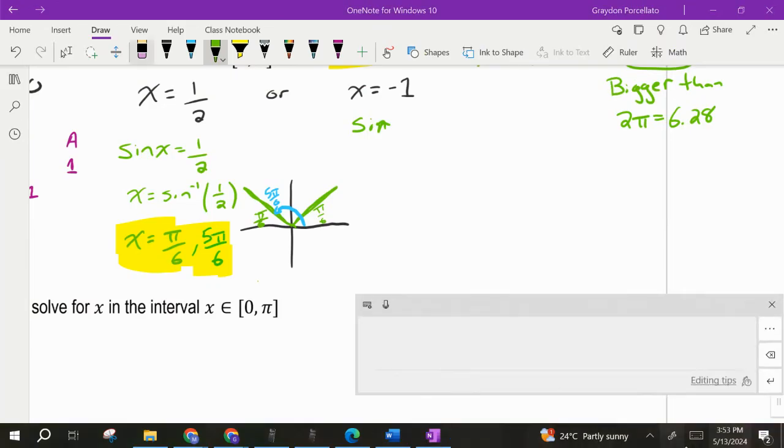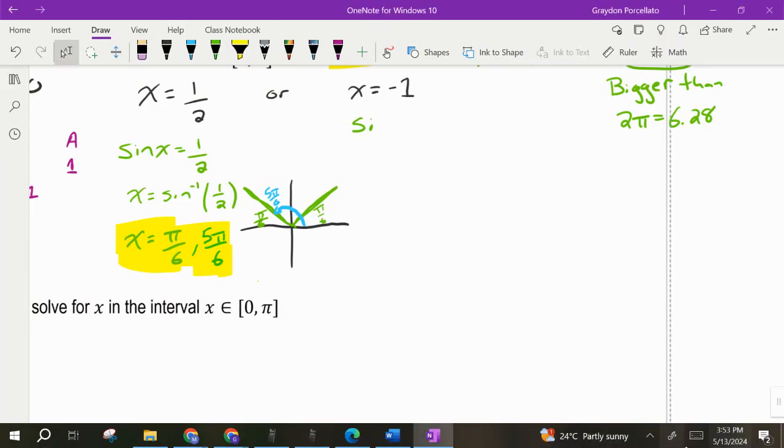When is sine x equal to -1? Well, when I'm solving these, I always just look at my graph. So my graph for sine x looks like this. When is it -1? That's this point right here, which if you know your sine, that's 3 pi over 2. Okay? You could also take the sine inverse of -1. So I'll show you that method as well.